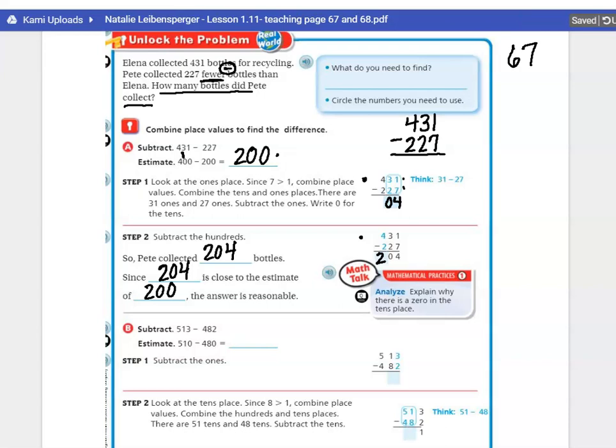Let's try another one. I'm going to write up here 204 bottles. That's how many Pete collected. Okay, so let's go down and try another one with this new way to subtract. This next problem, 513 minus 482.